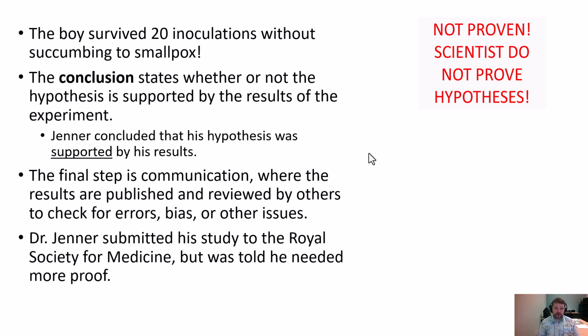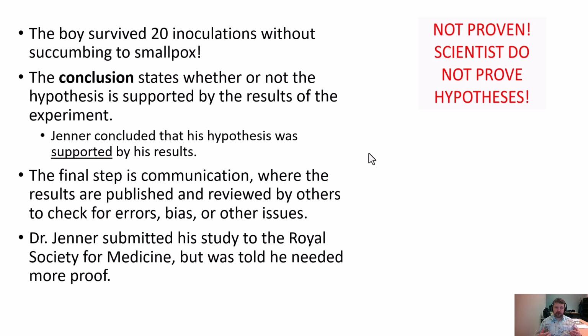So Jenner went out and tried to publish his study in the Royal Society of Medicine, and this is that piece of science that makes science different than a lot of other fields. If you're going to publish your results, they have to be reviewed by specialists or other scientists.